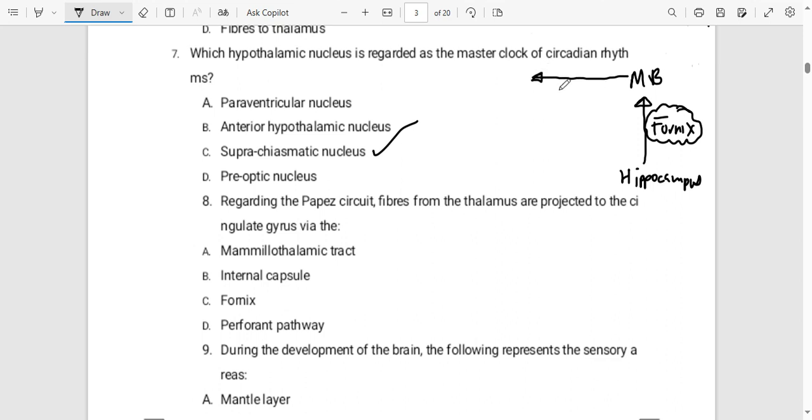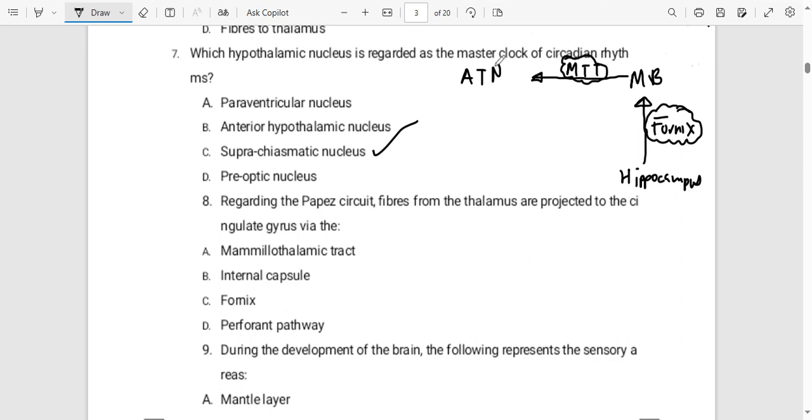Anyone? Thank you so much. The anterior thalamic nucleus. And what fibers are we using to go to the anterior thalamic nucleus? Thank you so much. The mammillothalamic tract.